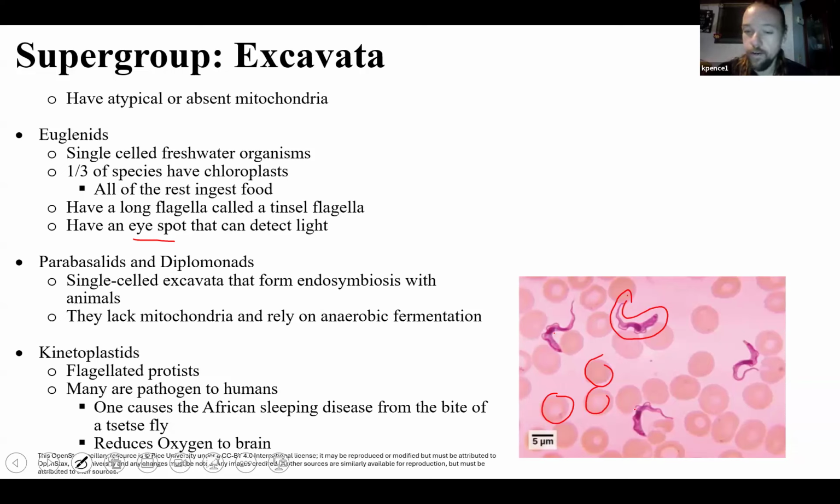So we know that they're eukaryotes because they have nuclei, not bacteria. Since these guys don't have mitochondria, they need a readily available source of oxygen. They need it right then. And what they're doing is sapping this oxygen from the blood cells. This is causing a sickness called African sleeping sickness or African sleeping disease.